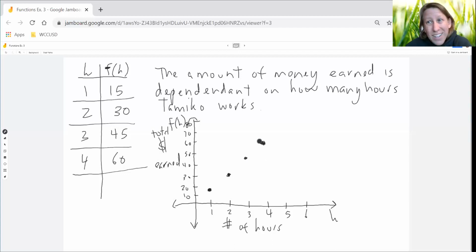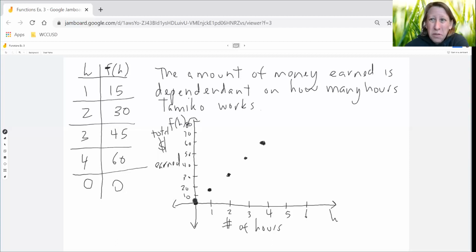One thing we like to look at is what happens at 0. If Tomiko works 0 hours, how much money is she going to earn? Right, she's going to earn $0. You don't do the work, you don't get paid. So this point is kind of interesting. In math, we like to know what's happening at 0. Does this graph make sense to connect the dots? Is this discrete or should I continue and fill in this line?